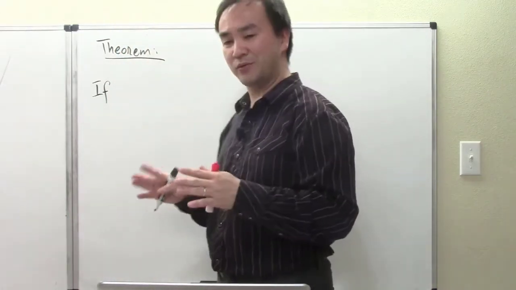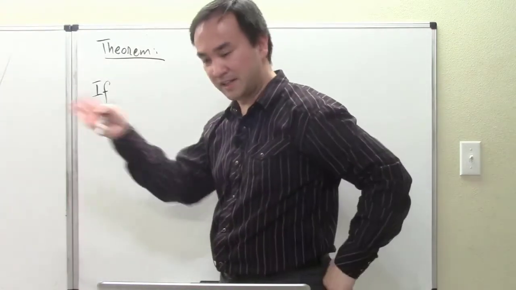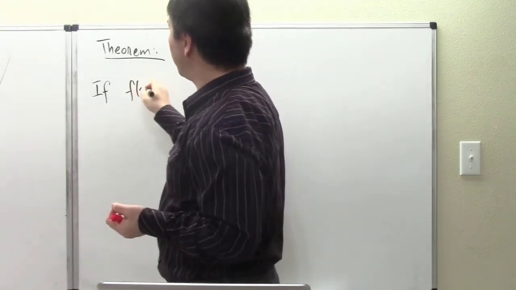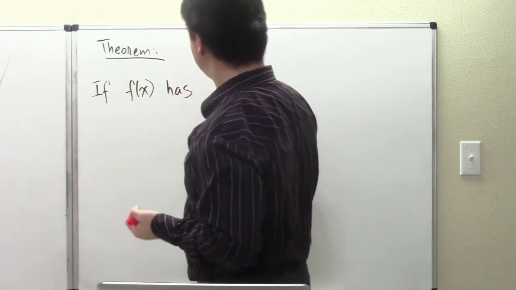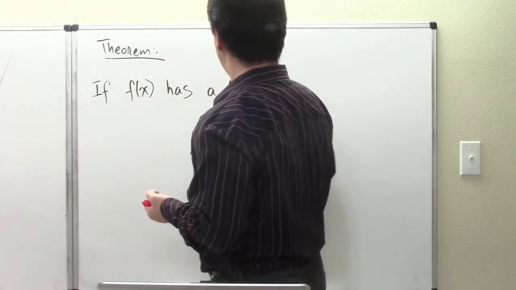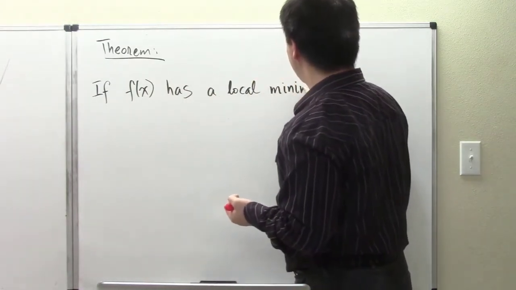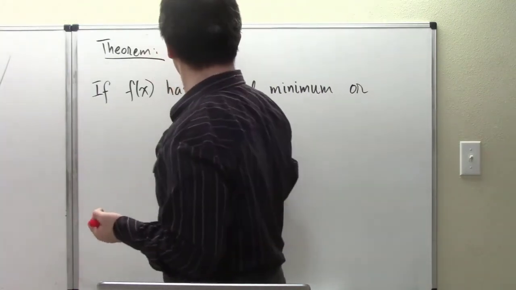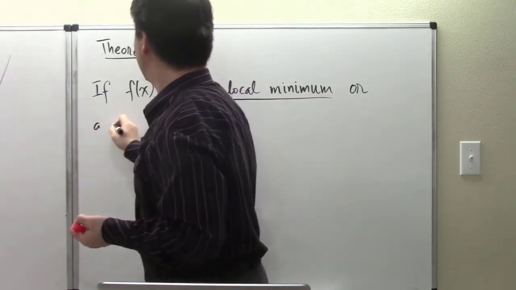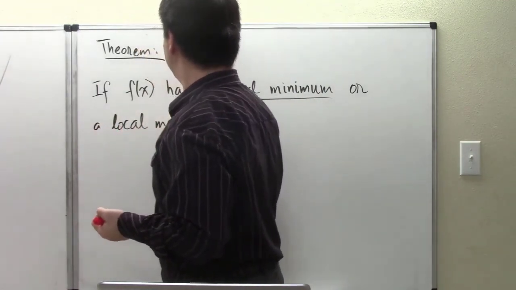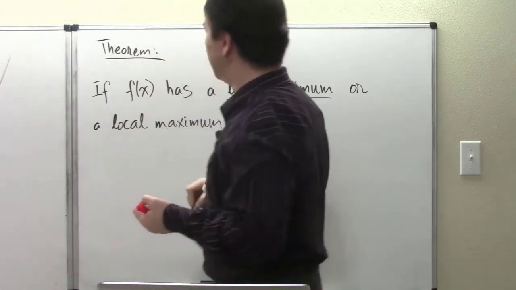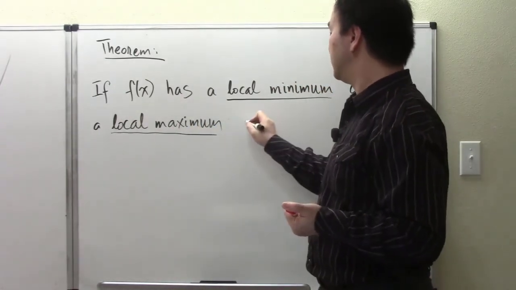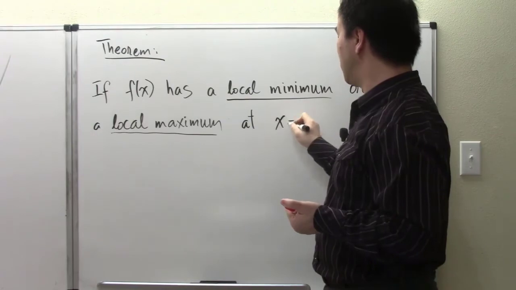It's a truth that was mathematically proven by past mathematicians. So if a function f of x has a local minimum, and the same with a local maximum, either one can happen there, having either a local maximum or local minimum at a value x equals c on the x-axis.